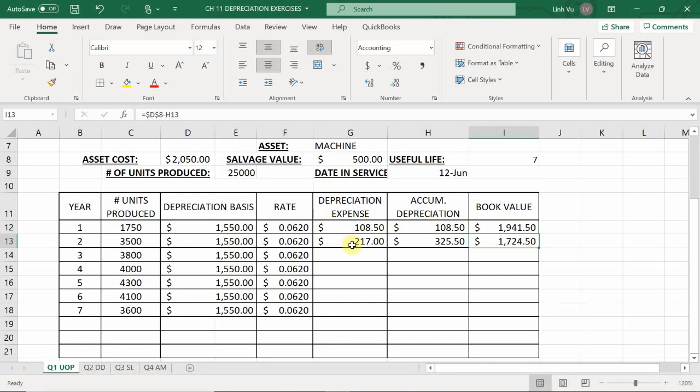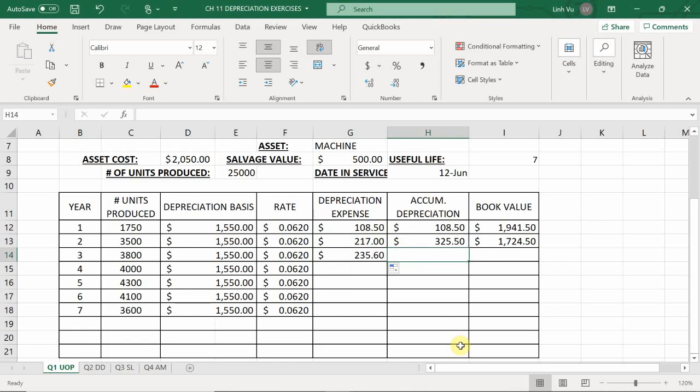Let's go ahead and solve for the depreciation expense for year 3. Once again, it's going to be my rate times the number of units produced, which is 3,800 units, to give me a grand total of $235.60.